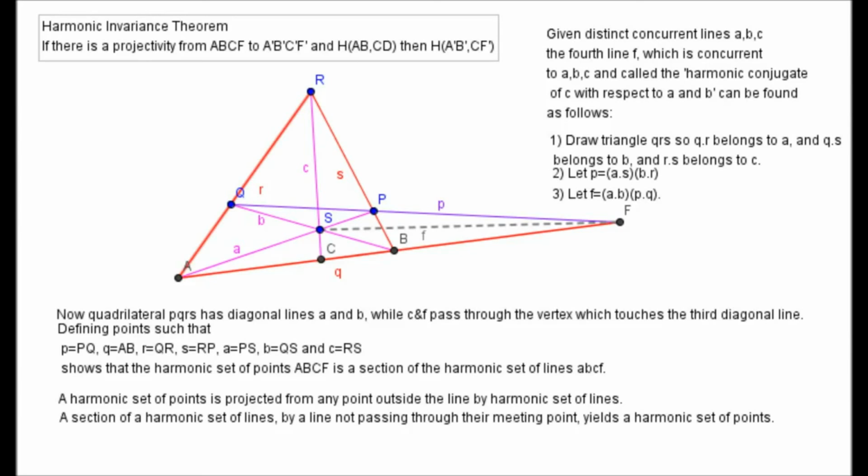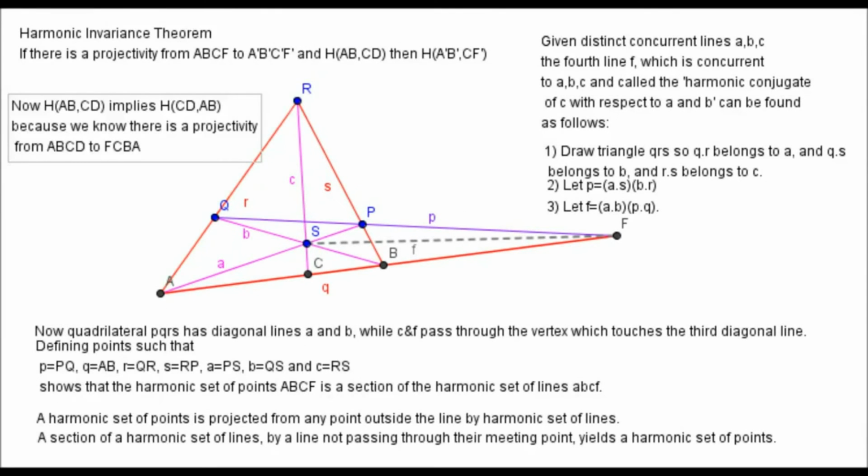And a projectivity is just a concatenation, a combination of lots of elementary correspondences, from points to lines, from lines to points, etc. And every one of those will preserve the harmonic sets. So projectivities always preserve harmonic sets. That's a very important result, which we've just shown.